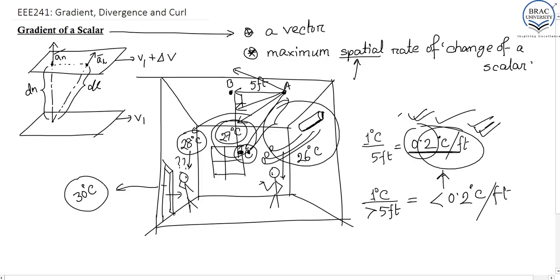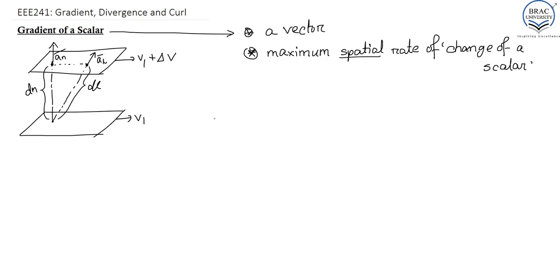It's a vector, the magnitude of which denotes the maximum spatial rate of change of the scalar, and the direction denotes the direction you have to traverse towards to get that specific maximum spatial rate of change. All right. Okay, now let's say, if you remember electric potential, just like temperature, it is also a scalar quantity, right?